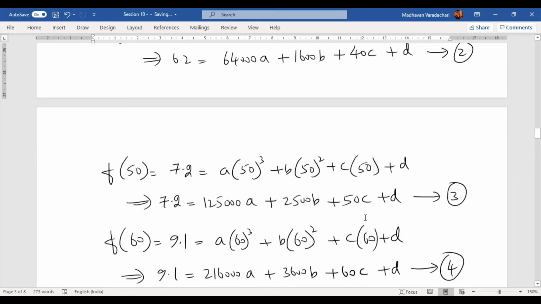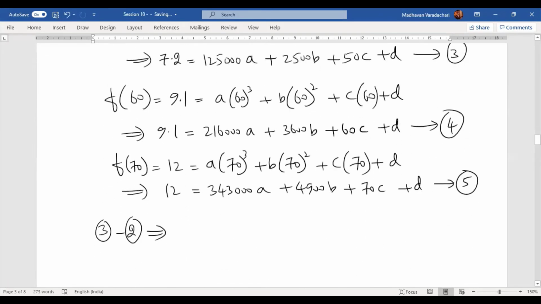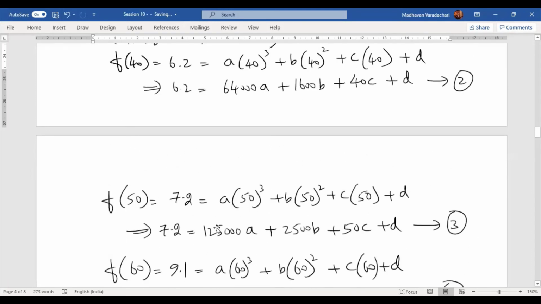Third equation minus second equation means 7.2 minus 6.2, which will be 1. 1 equal to 125,000 minus 64,000.